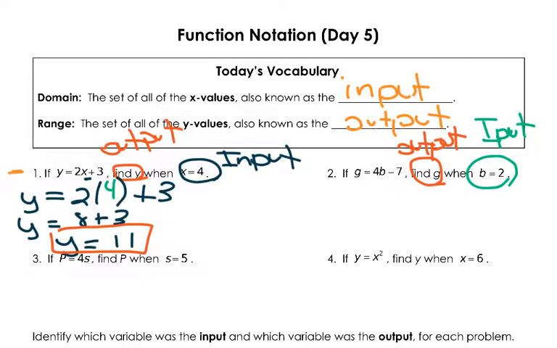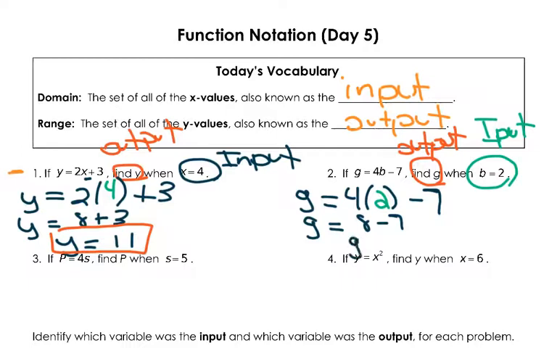So to rewrite this, I would have g is equal to 4, instead of b, I'm going to have 2 minus 7. G is equal to 4 times 2 is 8 minus 7. And g is equal to 1.